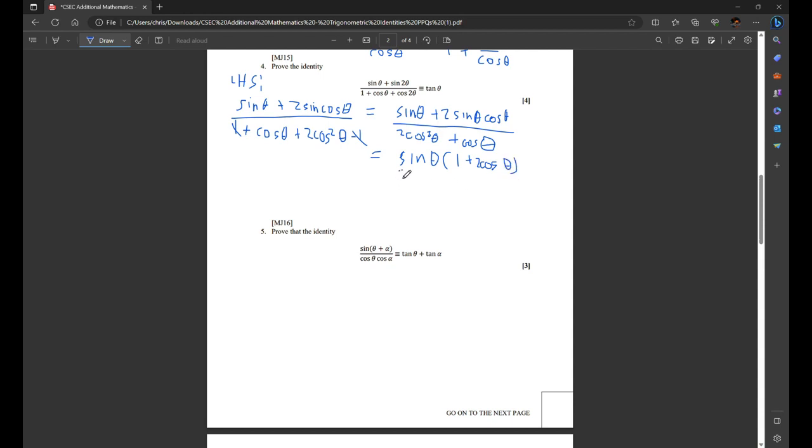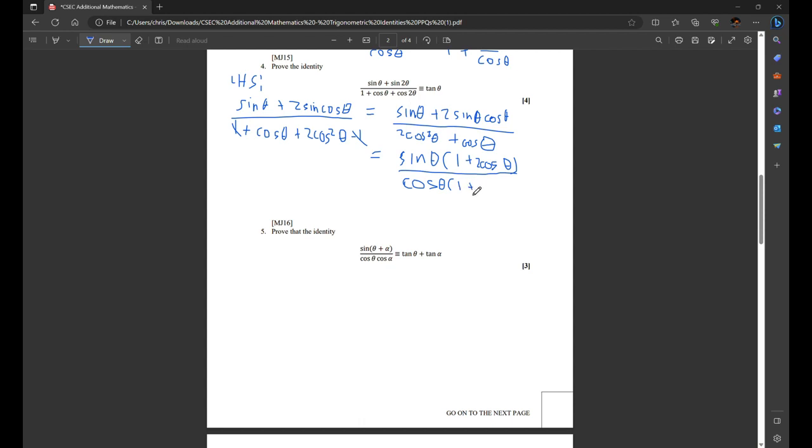And if we factor out a cosine on the bottom, that's going to leave us with the same thing in the bracket, 2 cos theta plus 1, which is the same as 1 plus 2 cos theta.